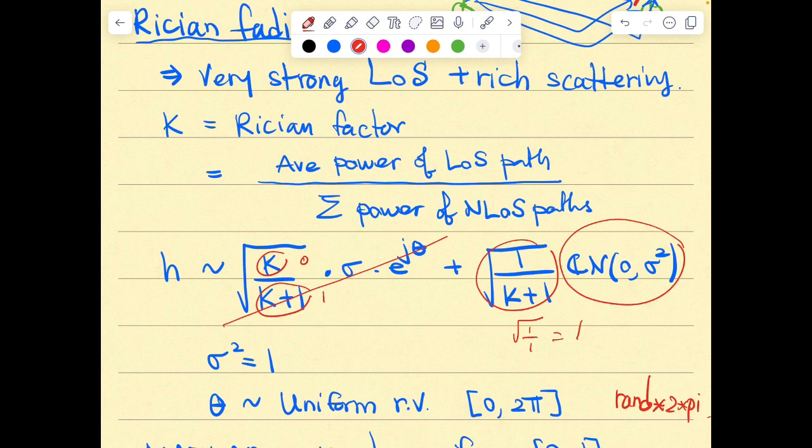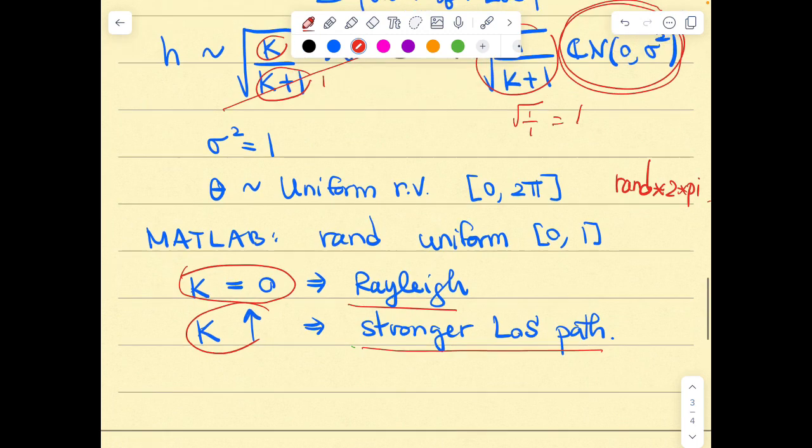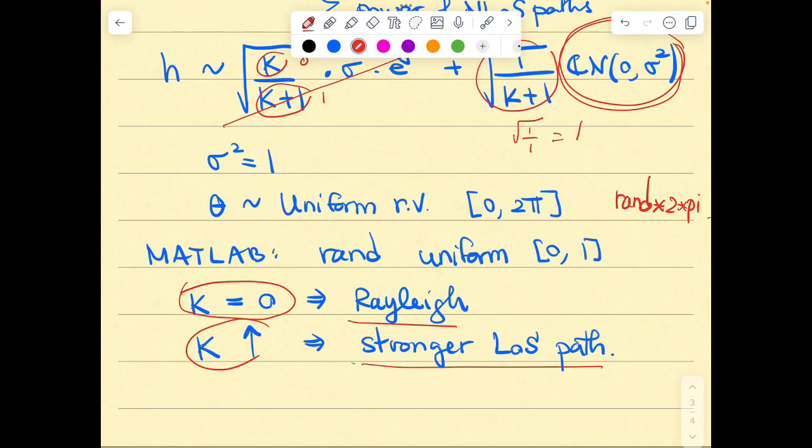So we only have this term. So h is equal to a complex Gaussian with mean 0 and variance sigma squared. So we go back to Rayleigh fading. If we set K equal to 0, then it's Rayleigh fading. But the larger the K is, the stronger the line of sight path is. And this is the end of this clip.